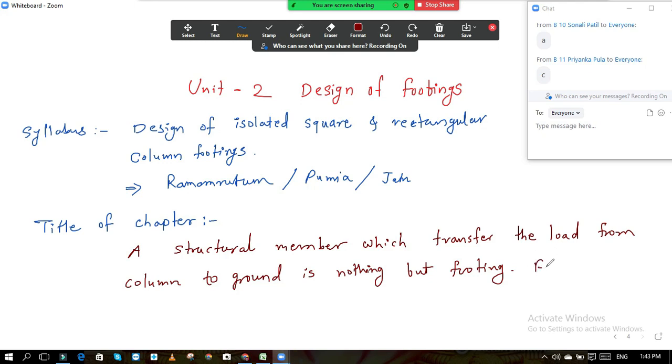Footing is the base of any structure of civil engineering.